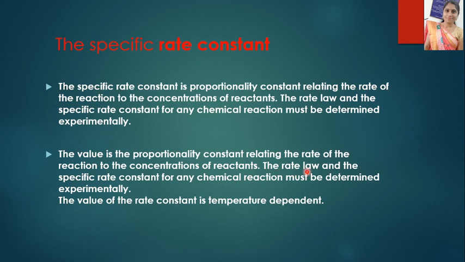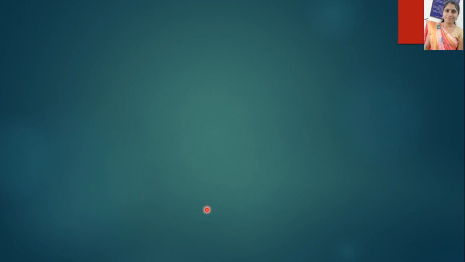And the rate law and the specific rate constant for any chemical reaction must be determined experimentally. The value of the rate constant is temperature dependent, because the rate constant is a very important factor. The rate constant of a reaction is always temperature dependent. As the temperature changes, the value of the rate constant also changes.